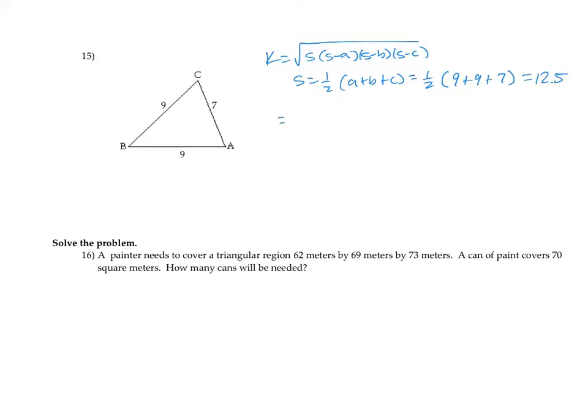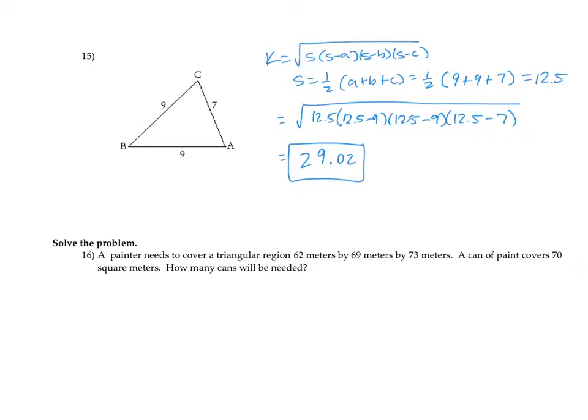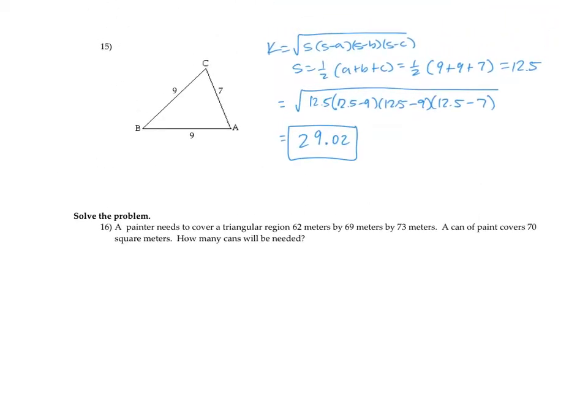So now we get square root of 12.5 times 12.5 minus 9, 12.5 minus 9, and 12.5 minus 7. So 12.5, and then times 3.5, times another 3.5, times now a 5.5. And take the square root of that, and I get 29.02 is the area. And there we go.